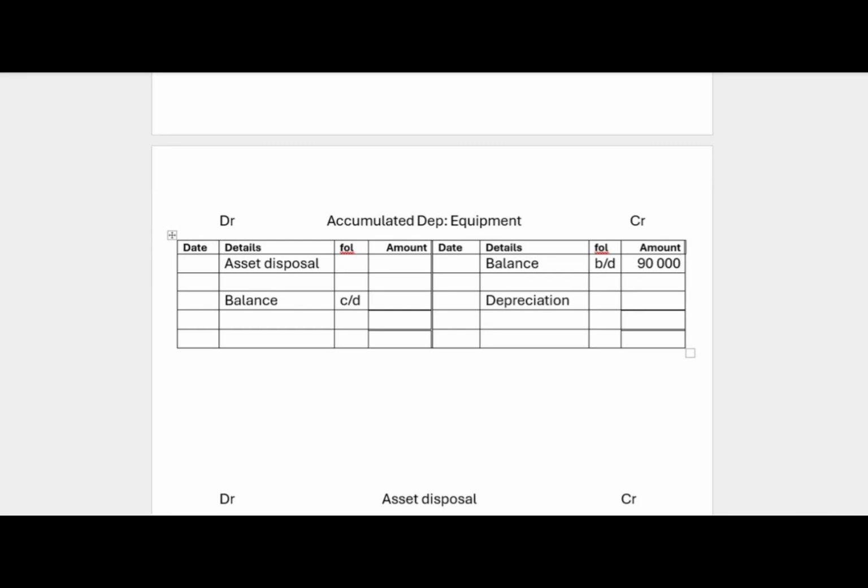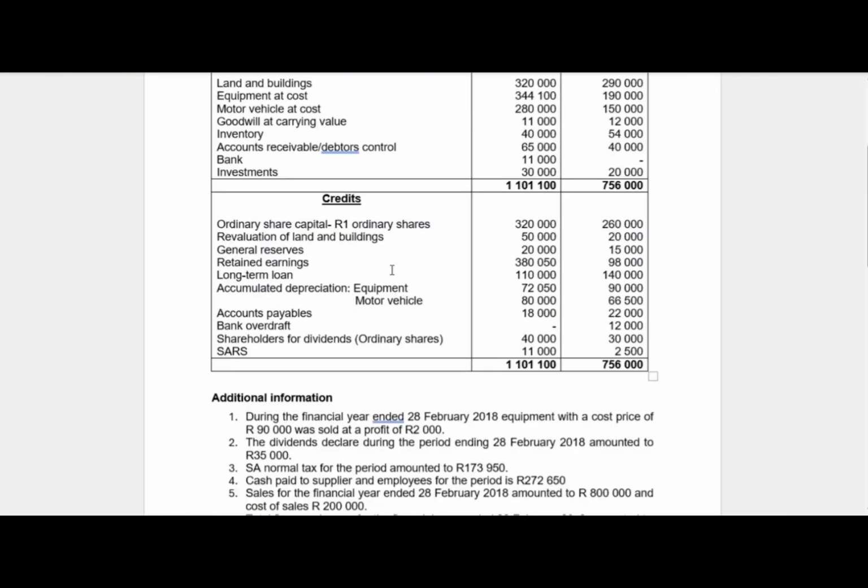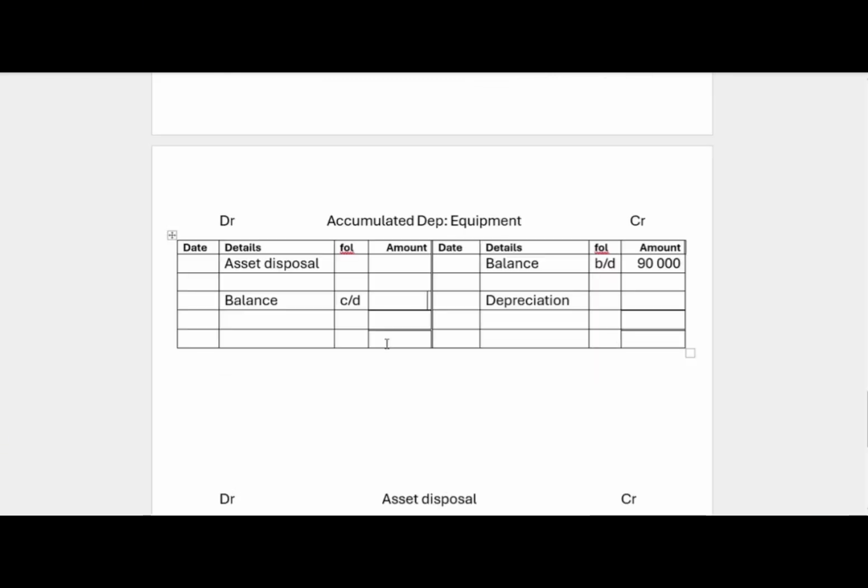Okay. And then the closing balance of the accumulated depreciation, according to the information provided right there, is how much? 72,050. So it's going to be 72,050. All right. So we've got all this, right?